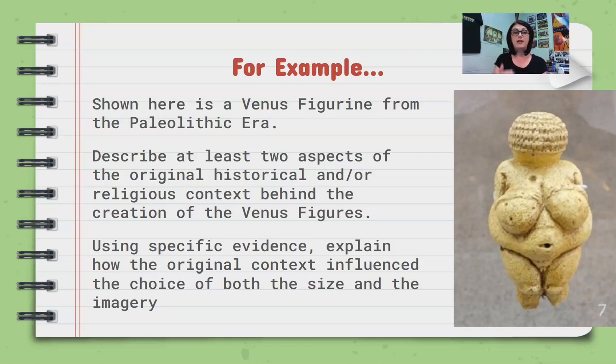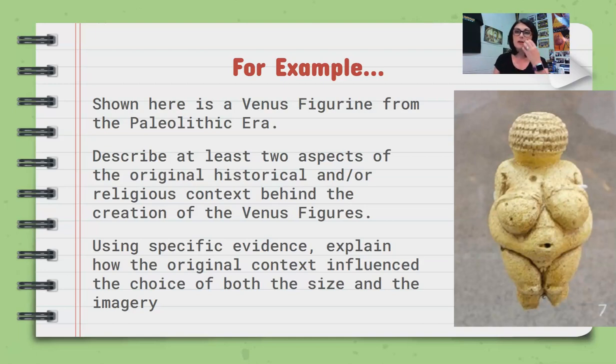Now, then you get into, okay, how did the context influence the size and the imagery? All right, which is kind of what I've already started doing, but first of all, what was going on at the time? And then down here at the bottom is, okay, how did what was going on at the time impact such as the size or the imagery? So for example, her face is not important because it's not about a specific woman.